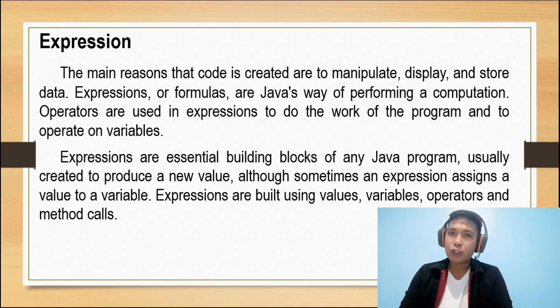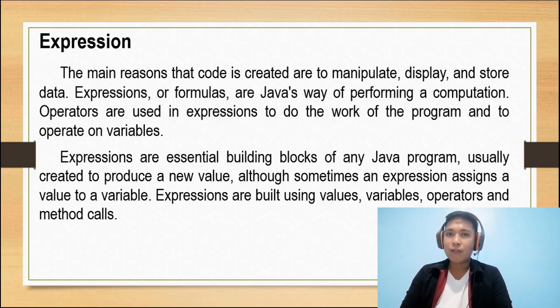Okay, so expressions are an essential building block of any Java program, usually created to produce a new value, although sometimes an expression assigns a value to a variable. An expression is built using values, variables, operators, and method calls.